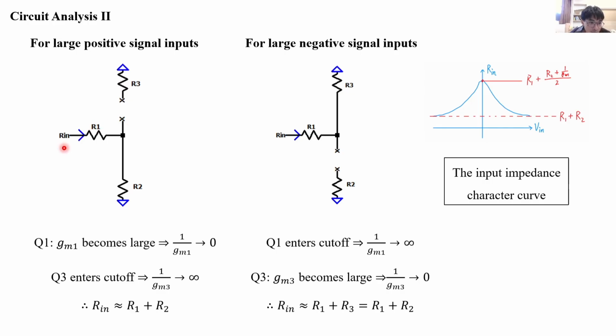So the input impedance approximately equals R1 plus R2.